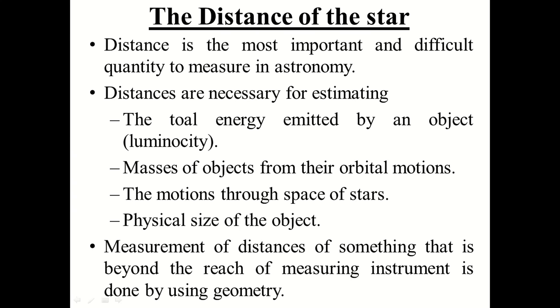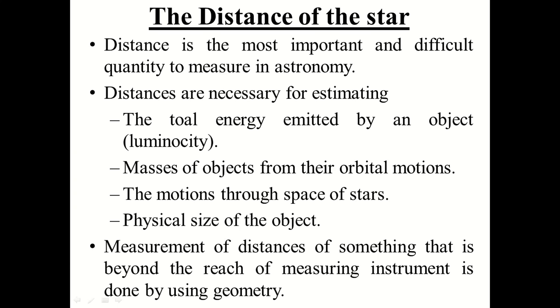When we consider distance, we know that meters and kilometers are the units we use on Earth. Sometimes we use millimeters or centimeters, or meters, or kilometers, sometimes miles, to discuss distances on the surface of Earth. But when we consider astronomical distances, these units are very small compared to the distances which we are going to discuss.